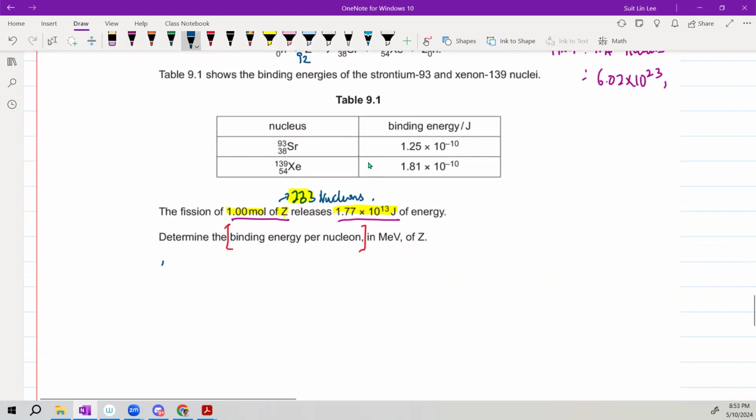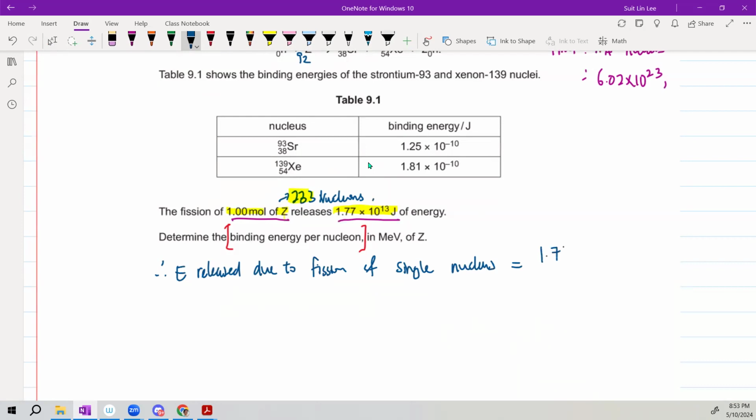So from here, hence, the energy released due to the fission of a single nucleus of Z would be 1.77 times 10 to the power of 13 divided by the Avogadro number. I can press the calculator if I want to, and leave it here because later I'll probably need to use it anyway.